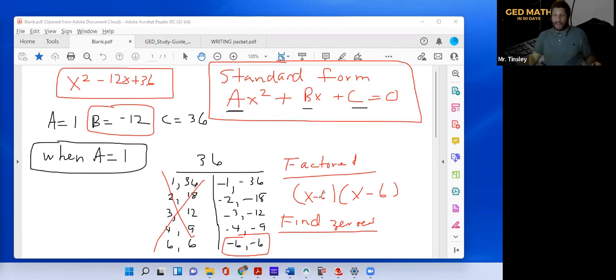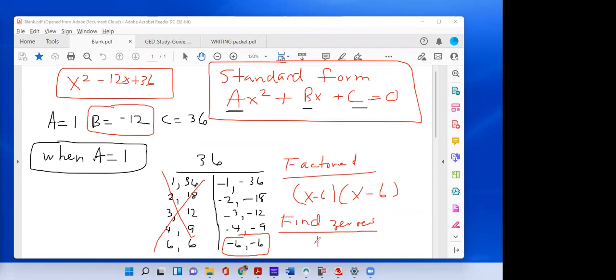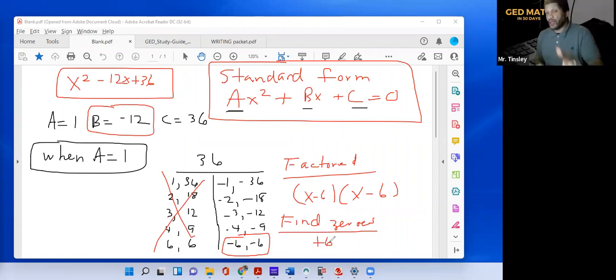So what's the opposite of -6? Positive. So this has one solution. A quadratic equation can have up to 2 solutions, but this quadratic equation only has one solution, +6. Why? Because the other 0 is also +6.